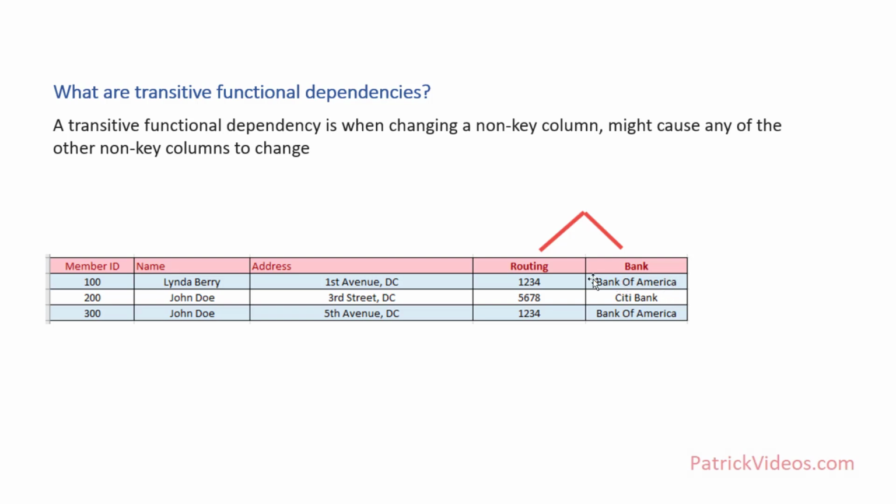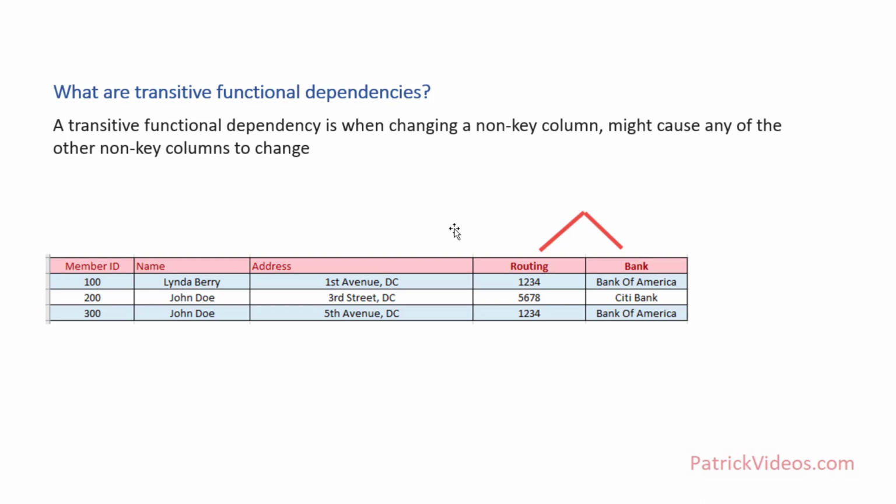For example, if Bank of America is 1, 2, 3, 4, all over the world they refer to Bank of America with 1, 2, 3, 4. So the routing number is the same for that particular bank all over the world. You can see that the routing number 1, 2, 3, 4 is associated with Bank of America, and 5, 6, 7, 8 is associated with Citibank, and 1, 2, 3, 4 here is once again associated with Bank of America because the routing number goes with the bank name.